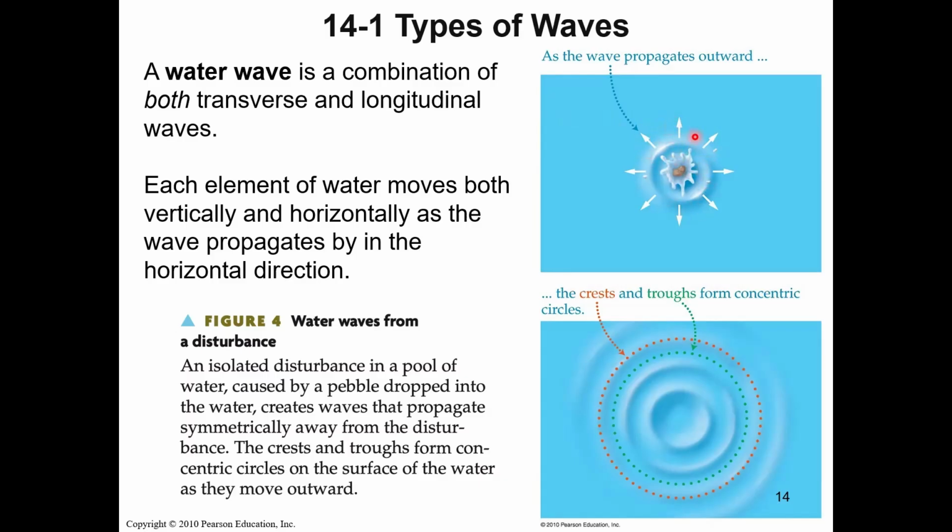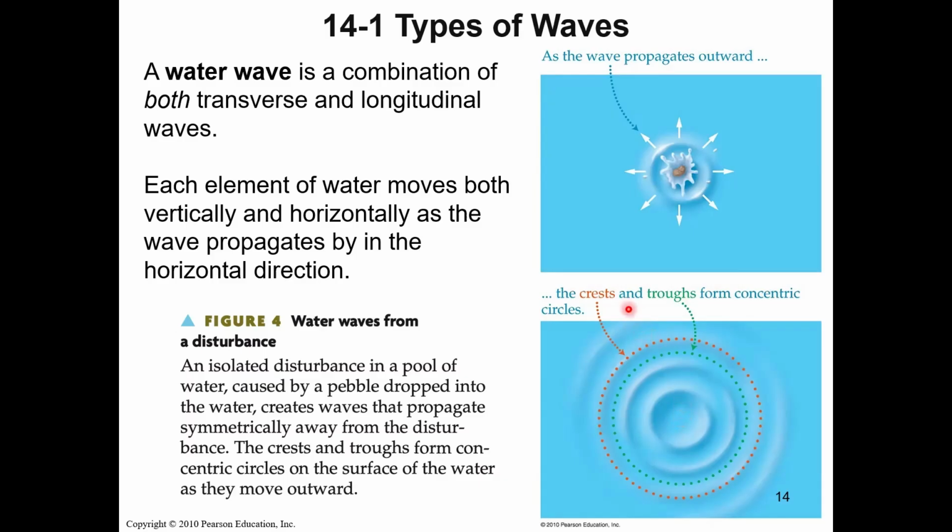Because it's all water, it propagates at the same speed, and it gives rise to this circular pattern. If you look at the peaks of this water wave, they form concentric circles. They're circles because they propagate at the same speed towards all directions, and they're concentric because there is a single source, where we throw the object and originally disturb the water.